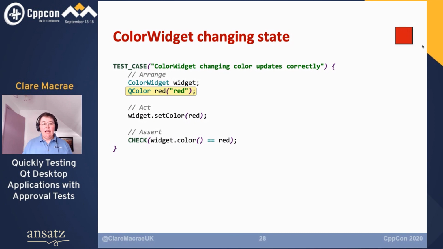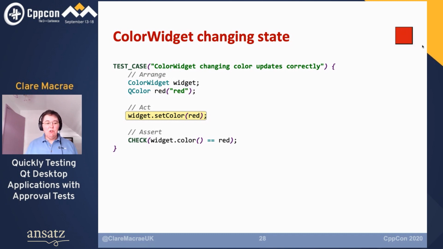So now let's look at actually changing the state of the widget. So I am now going to simulate the user clicking and changing the color to red. But I'm going to do it by calling the setColor method rather than going through the color dialog. And that's because I'm wanting to write localized code. And I've looked at the interface of color widget and it has a setColor method.